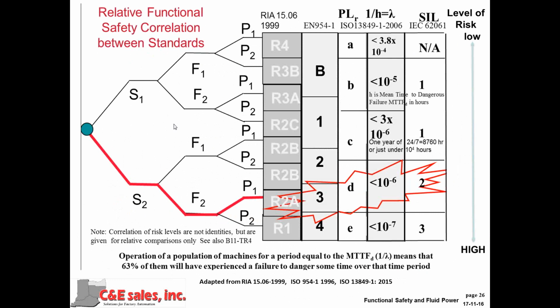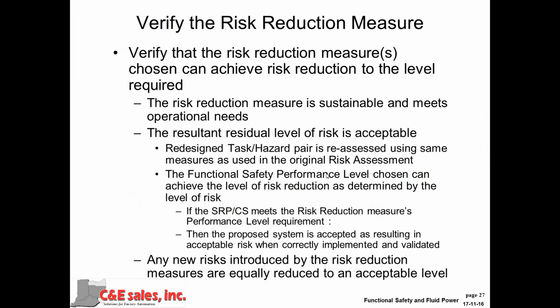It again takes a look at the severity of the most reasonable injury, the frequency of exposure, the probability to avoid getting hurt, and that also carries with it the question of how probable is it that the hazard will be there at that particular time. Some hazards are not omnipresent, but are present only under certain circumstances. This then gives you a general direction of the type of performance you should have in your circuit.